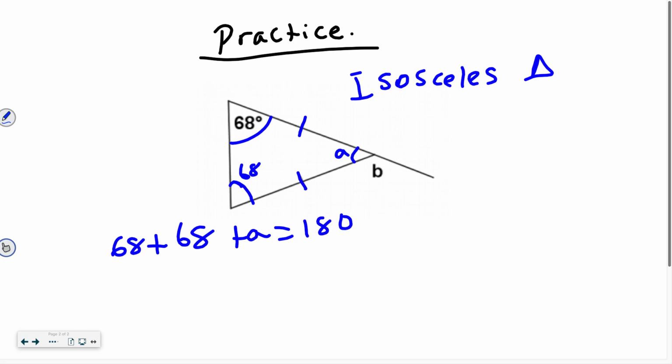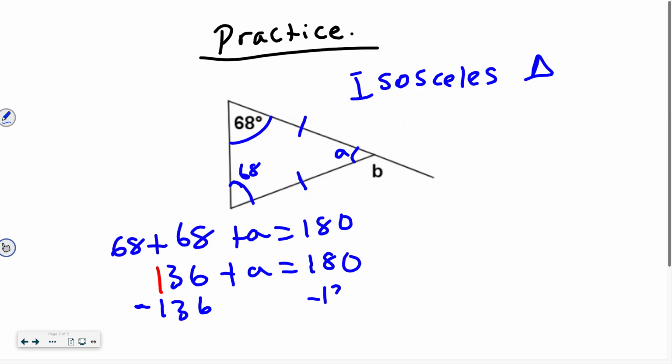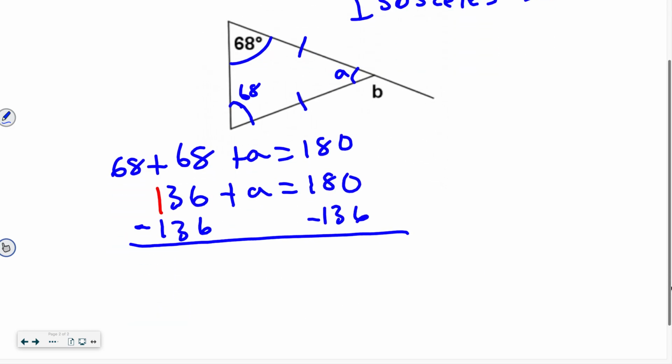And that is 136 plus A is equal to 180. Finally, you say, okay, well, 180 minus 136, you guys know this part, right? So you end up with A is equal to 44 degrees.